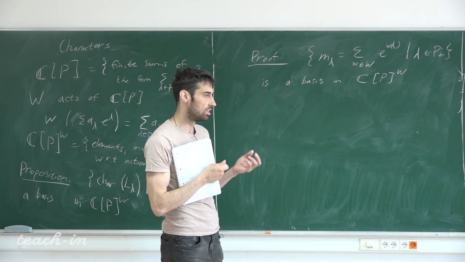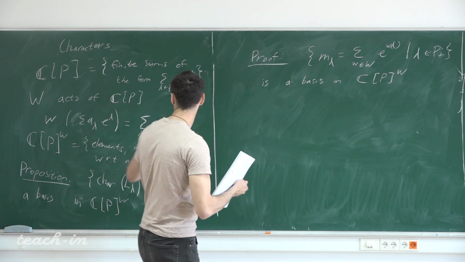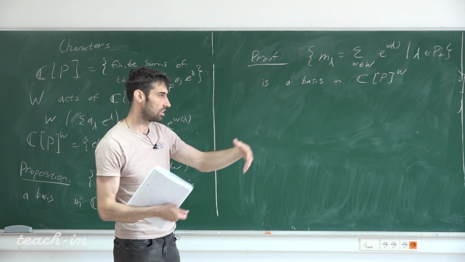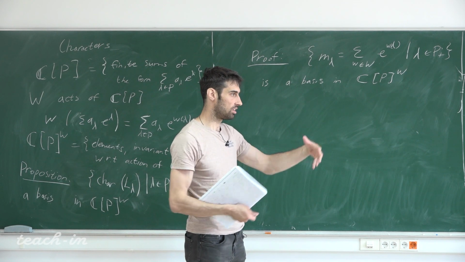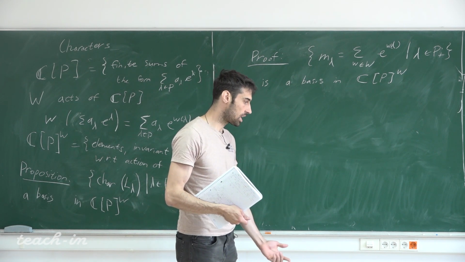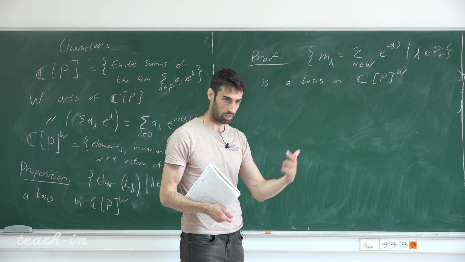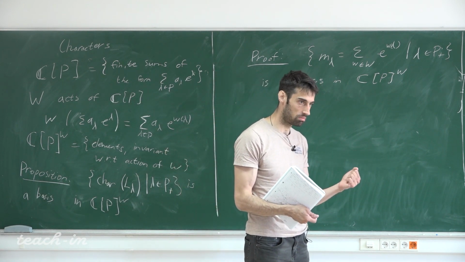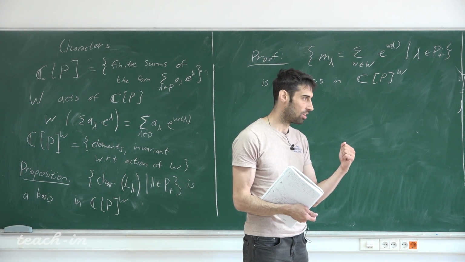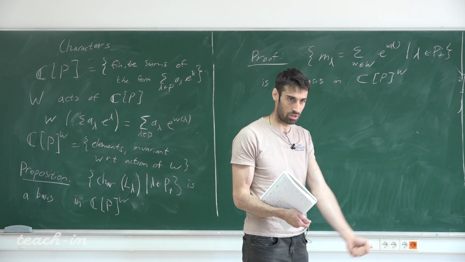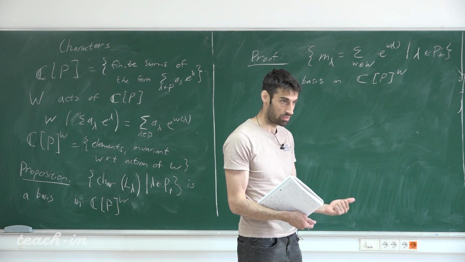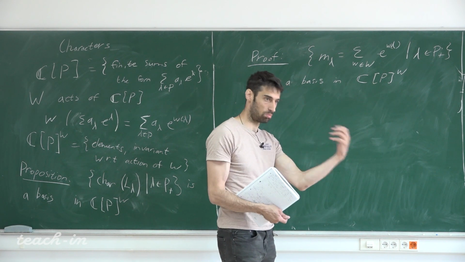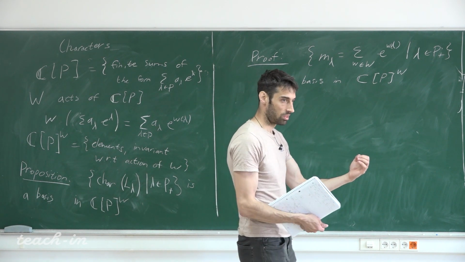Because if you take anything from C of P W, it decomposes into sums over orbits of the Weyl group. If you have some term in it, then you have all the terms obtained by an action of the Weyl group, just because it's invariant.